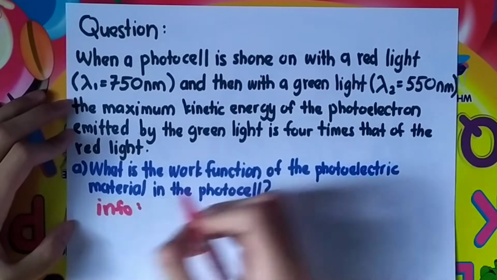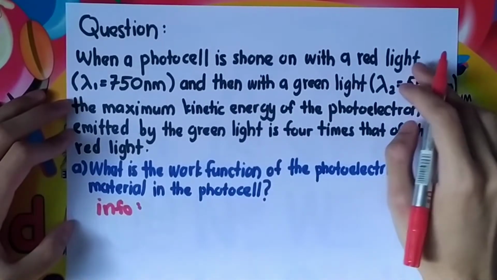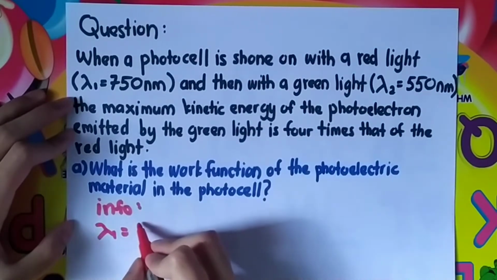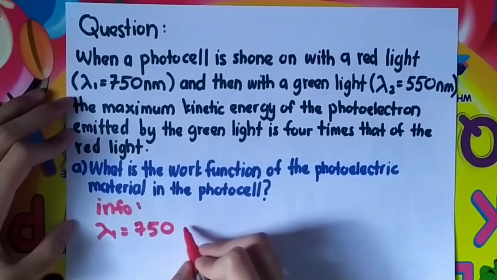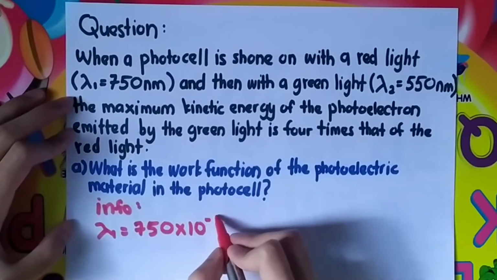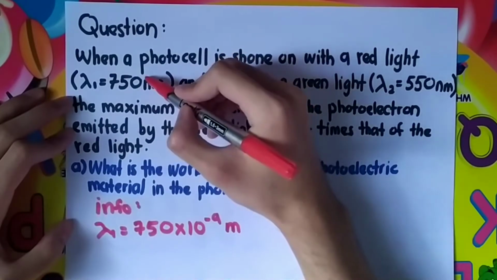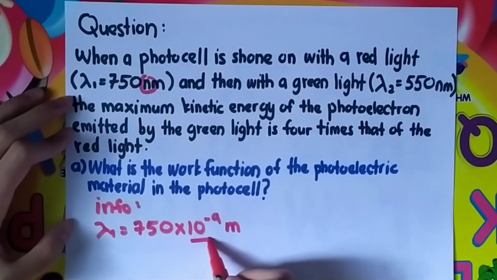Info. The question gives us the wavelength for red light, which is lambda 1 equal to 750 times 10 to the power of negative 9 meter. I already changed the nano into this.